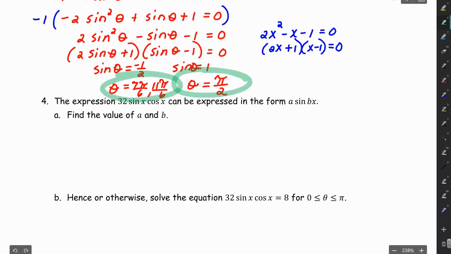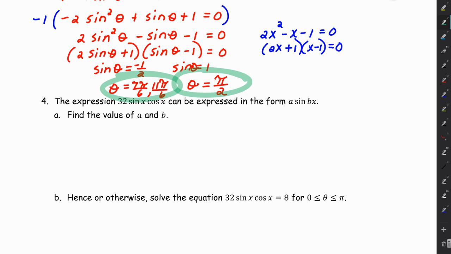Okay, here's a problem that is very indicative of what you could see on the IB exam. The expression 32 sine x cosine x can be expressed in the form a sine bx. Find the values of a and b. So we're going to have to use our double angle formula.